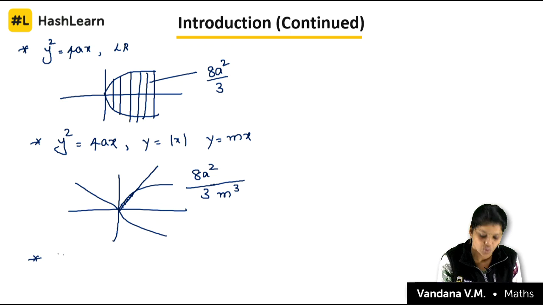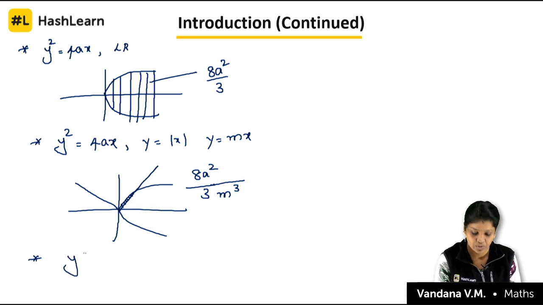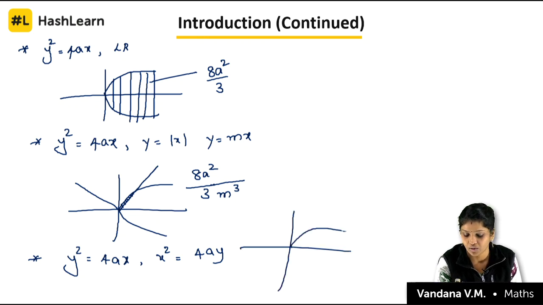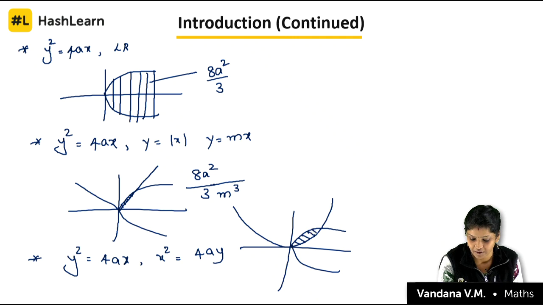Next, the last one, very important: the intersection of two parabolas. y square is equal to 4ax, x square is equal to 4ay. So I would like to find out the area here.